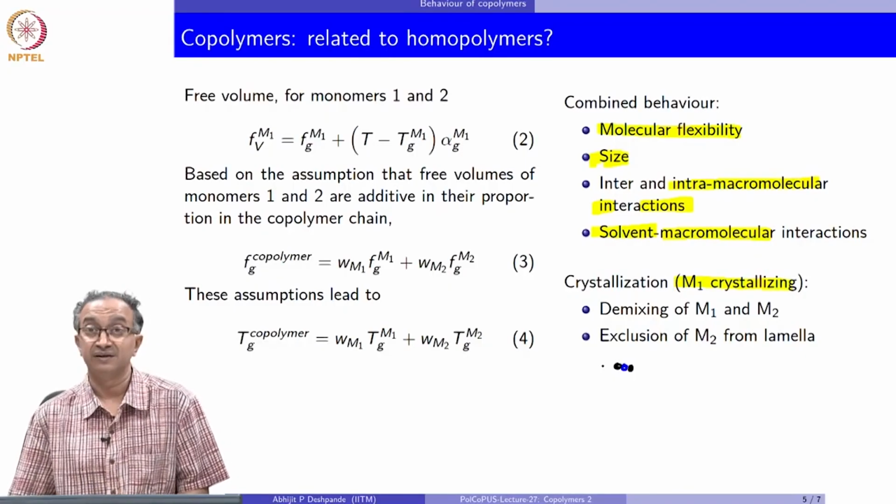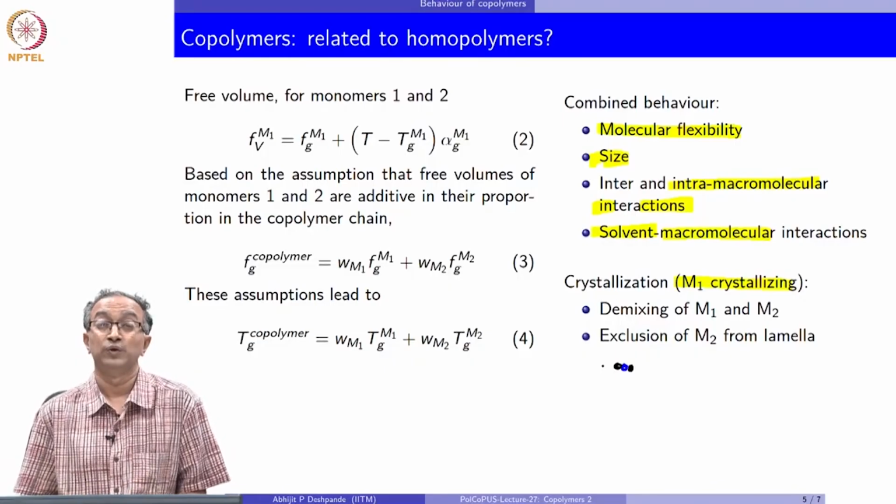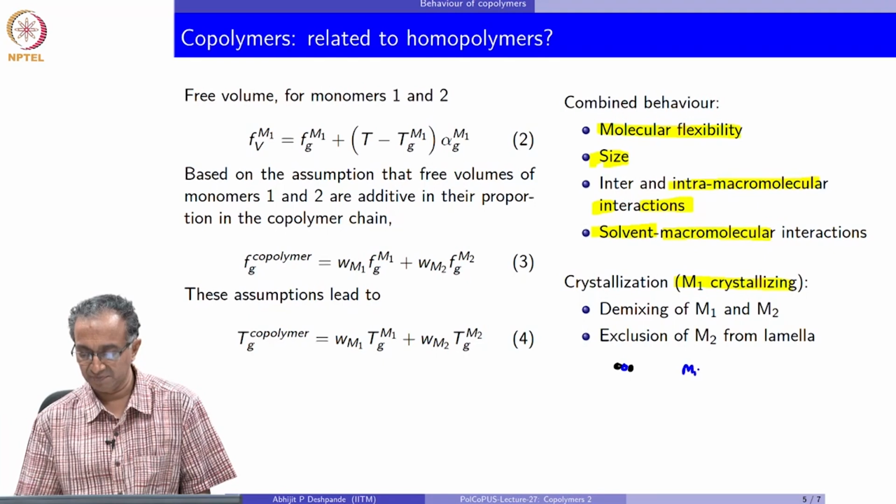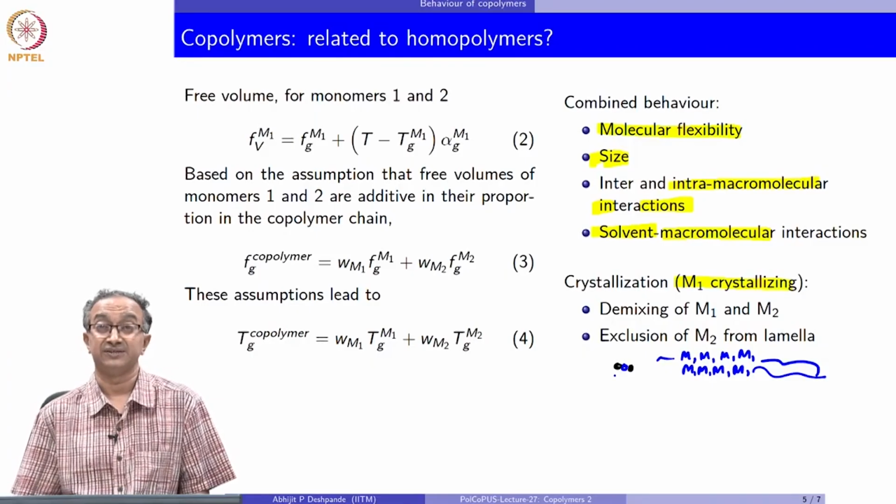But if it is a random copolymer and there are a few places where M1 is combining with M1, and there is another macromolecule or another part of the macromolecule, and again M1 is combining with M1, then there is a possibility that there can be organization of these M1 chains.